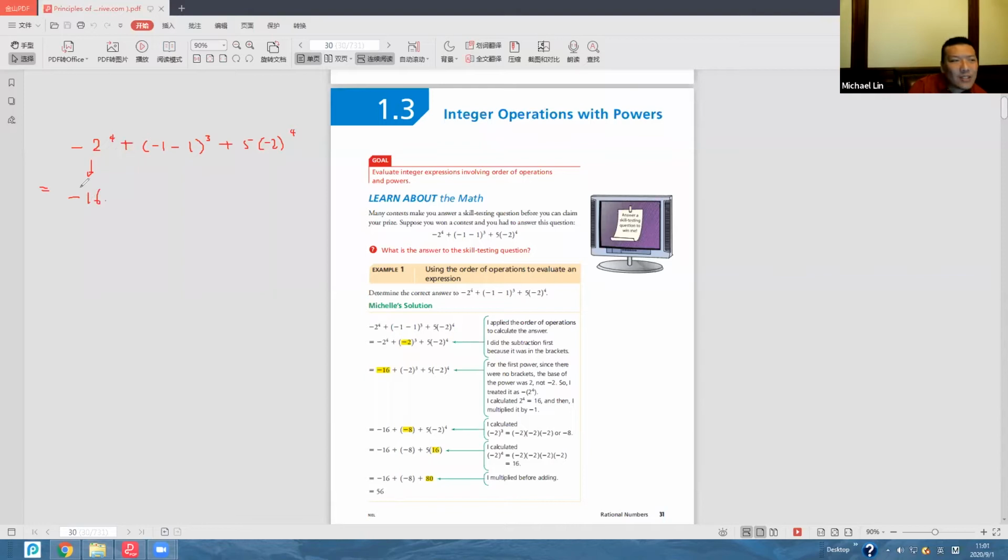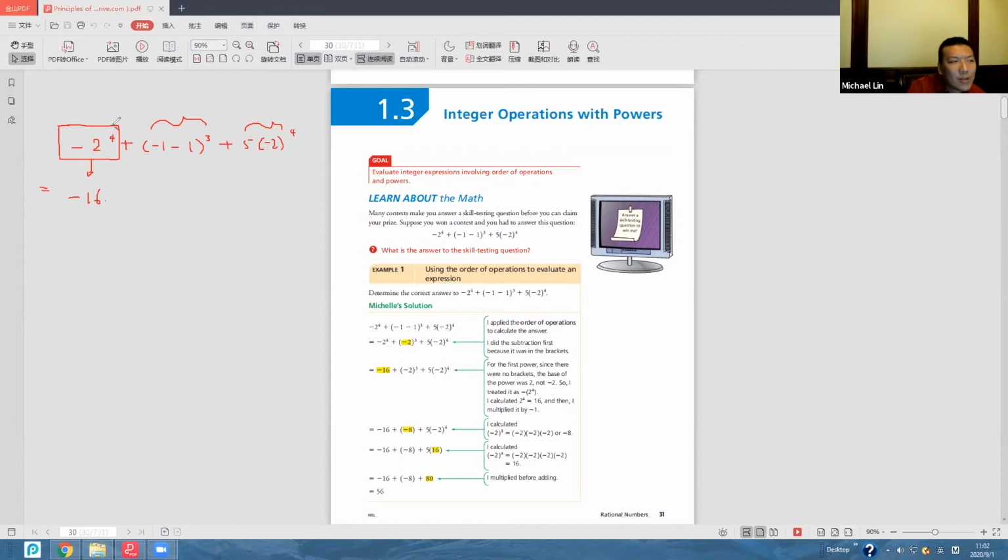This is the part that I think everybody else would get everything correct. I think this component here is not a problem for anyone, but everybody here hopefully realizes that this part is equal to -16 because we have to follow order of operations, right?